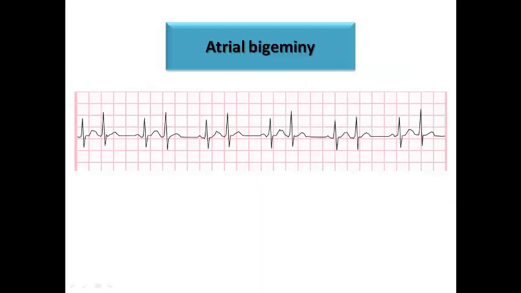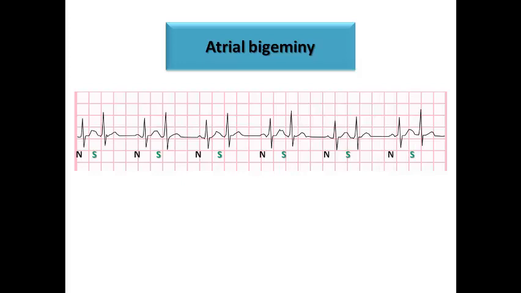Let's now try to summarize some other terminologies related to the PEC. We know of course atrial bigeminy. Atrial bigeminy means that after each sinus beat I would see a PEC. So I would have a normal beat, then a PEC, and then a compensatory pause. Normal beat, PEC, and then a compensatory pause.